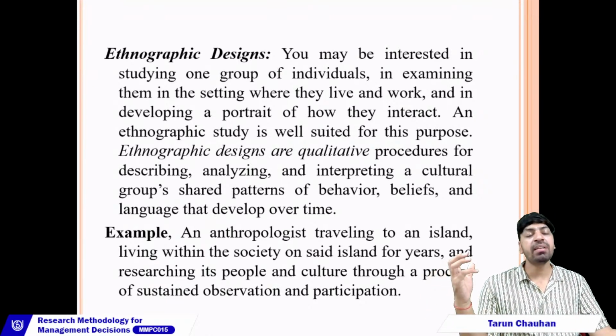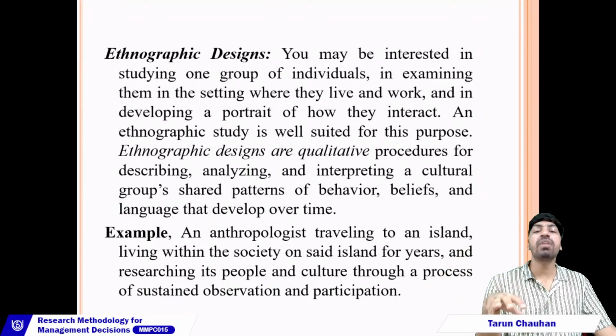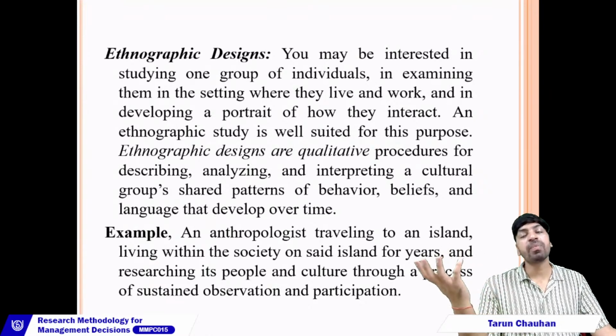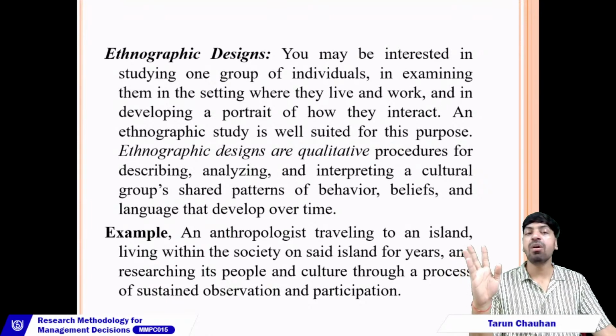So they have an interest to travel, to interpret, to describe, to analyze the culture of a group of individuals, to identify their behavior, their beliefs, their views, their language, which automatically changes over time. If a researcher or investigator does such a study, that's called the ethnographic designs.